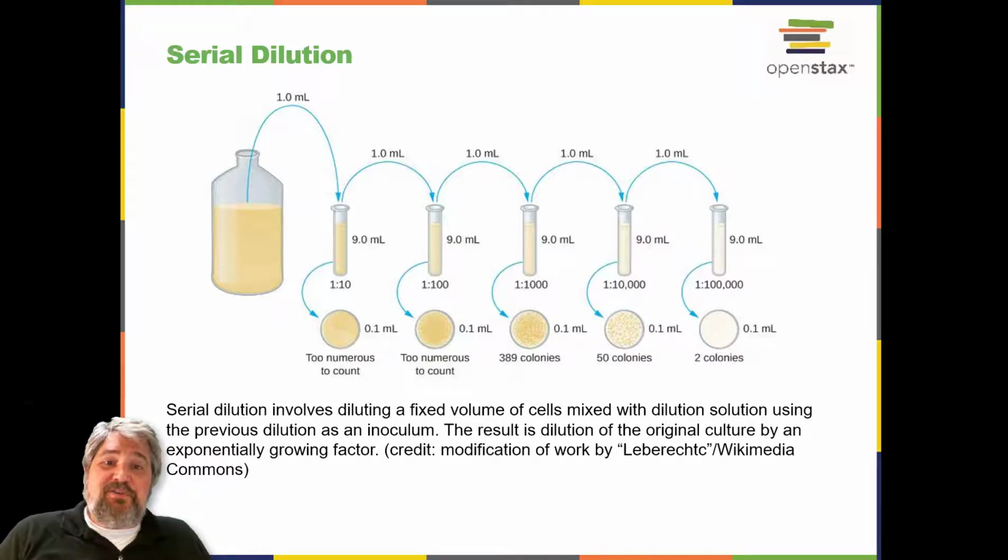From this first dilution, the same volume, 1 ml, is withdrawn and mixed with a fresh tube of 9 ml of dilution solution. The dilution factor is now 1 to 100 compared with the original culture. This process continues until a series of dilutions is produced that will bracket the desired cell concentration for accurate counting.